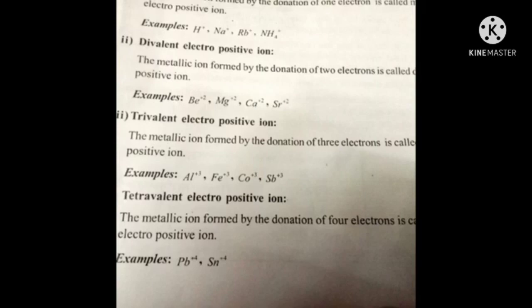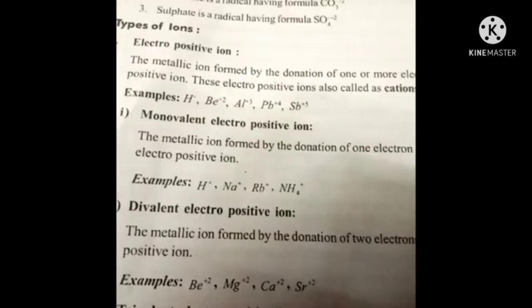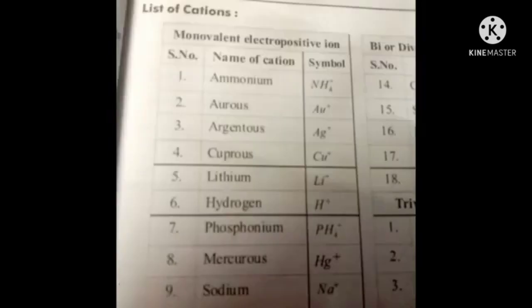If an atom loses 3 electrons, it is trivalent. Similarly, if an atom loses 4 electrons, it is tetravalent, 5 electrons, it is pentavalent.